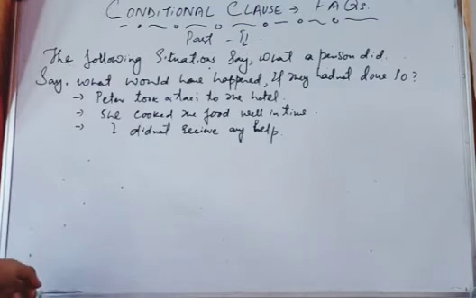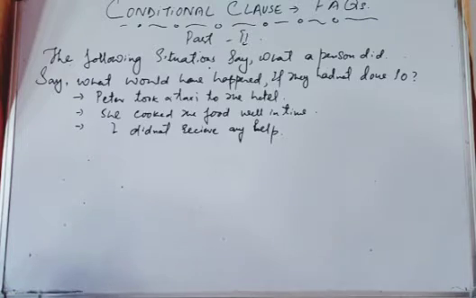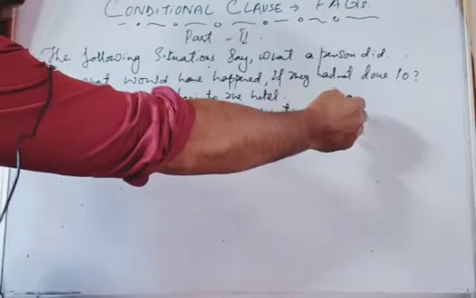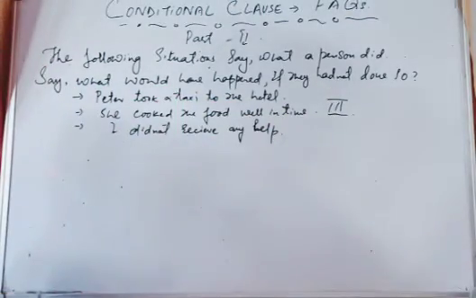If we recapitulate the previous lectures about conditional clauses, we rectify the past things that happen in type third. So basically we have to apply type third here, conditional type third, that's the impossible clause.